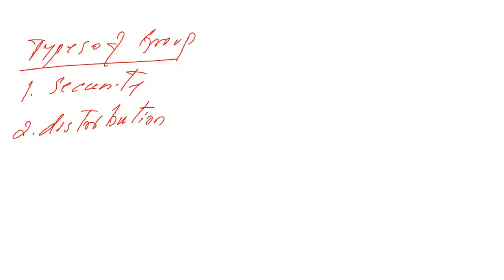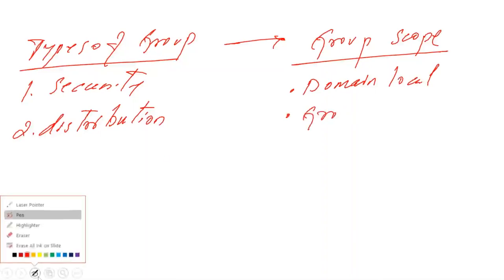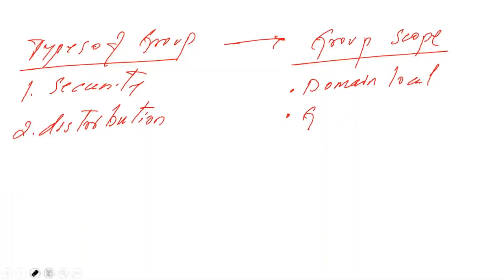But whenever you're creating the group, it asks the same time, you have to go for this option that is called group scope. So please write down group scope, and in that three options are there: first one is domain local, second one is global, third one is universal.